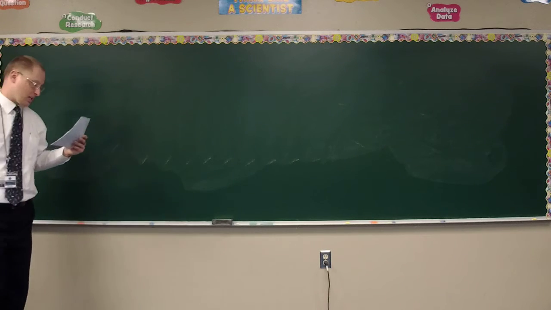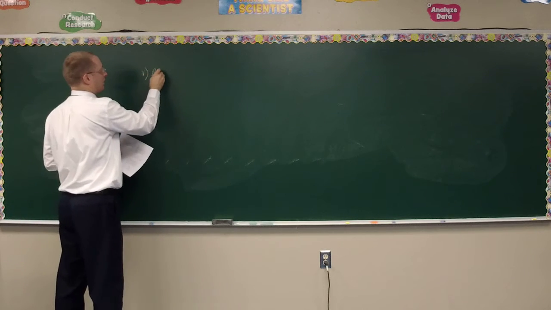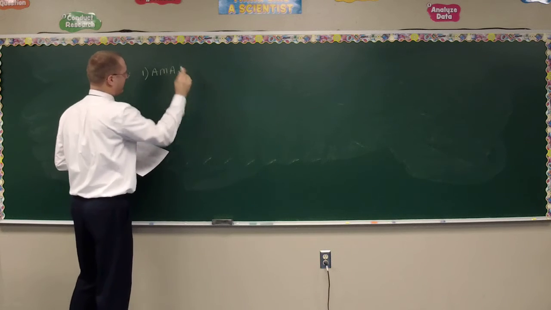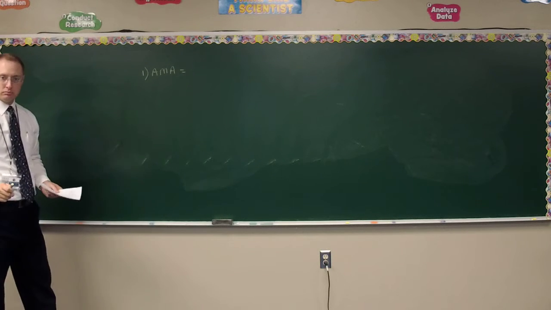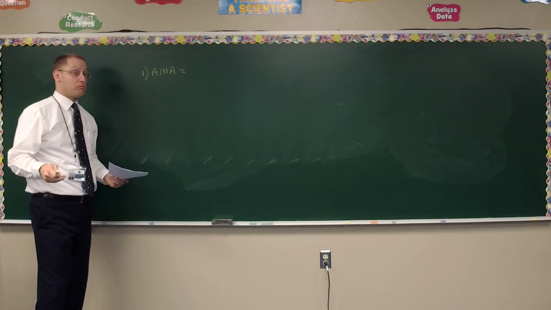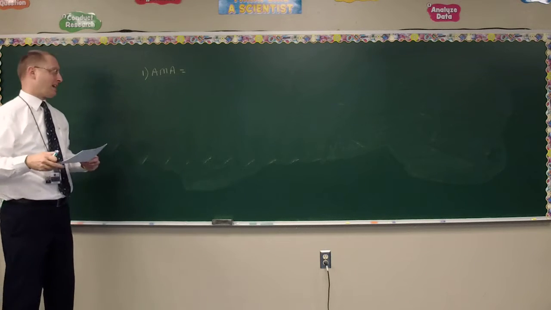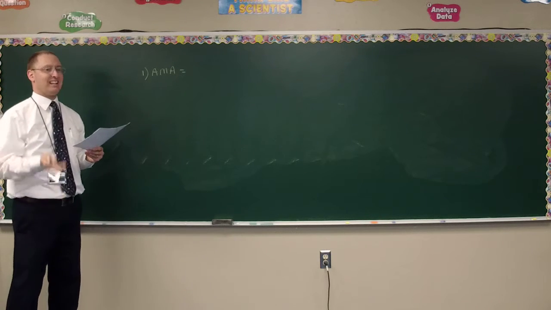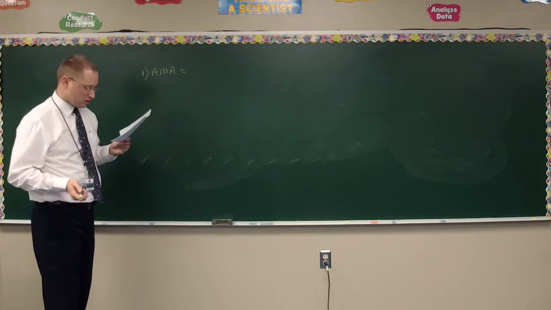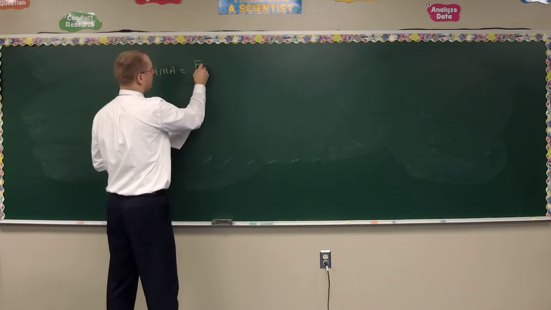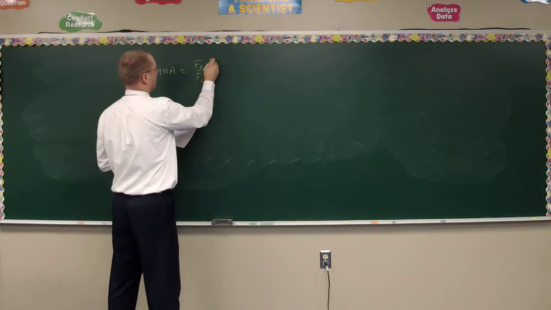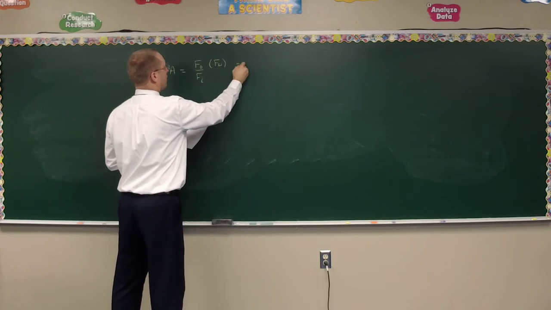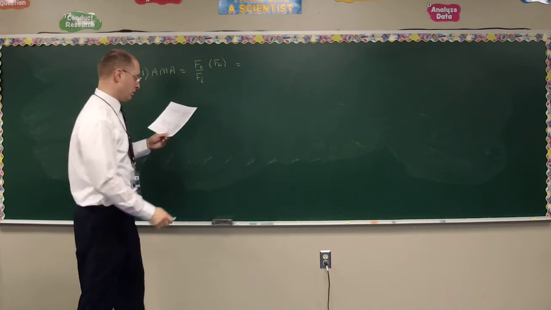All right. Let's see here. It says, first of all, to find the AMA. How do I find AMA? Output over input force, right? Now, output force is how much the screw jack lifts, which is 2,500 pounds.